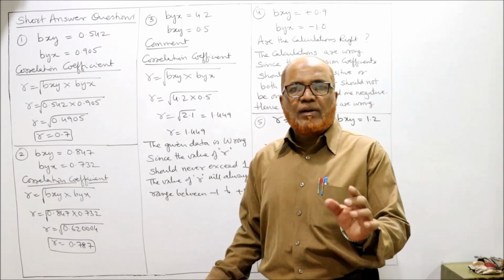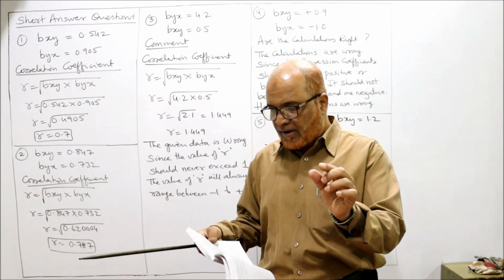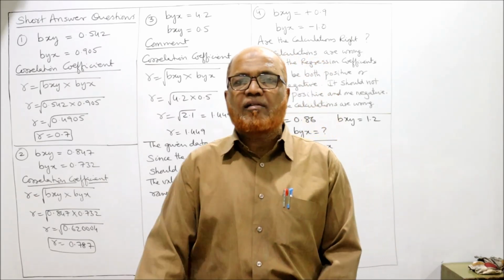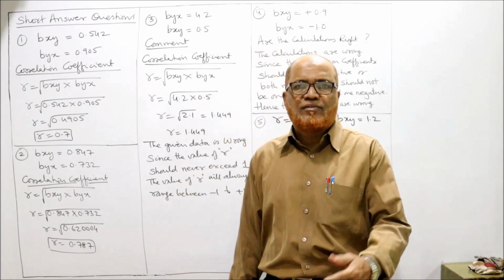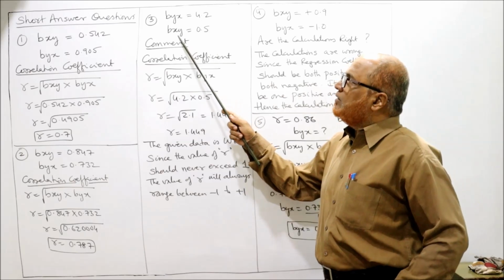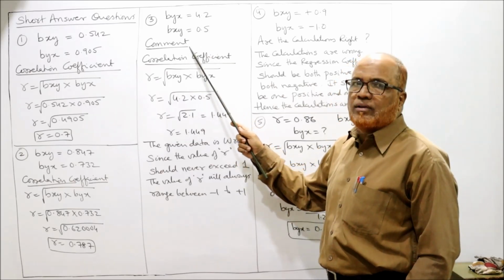So we are given BYX 4.2 and BXY is given 0.5. Is it right or not? It is asking you to give the comment. Now BYX is 4.2 given, BXY is 0.5. We have to give the comment.